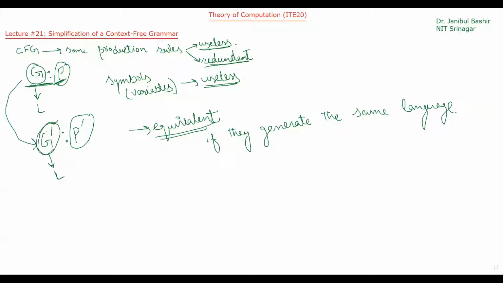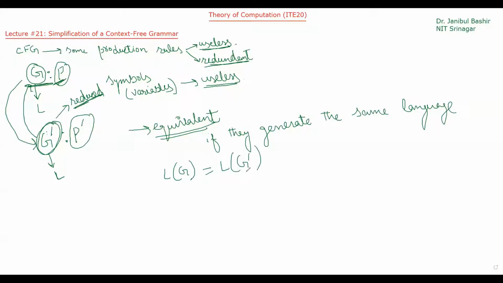So this particular grammar, G dash, is the simplified grammar, or it is also called a reduced grammar. Reduced means that all these redundant symbols, useless symbols have been removed. This grammar is called a reduced grammar, and this is reduced from this actual grammar G. And these two are equivalent. That is, language of G is equal to language of G dash.